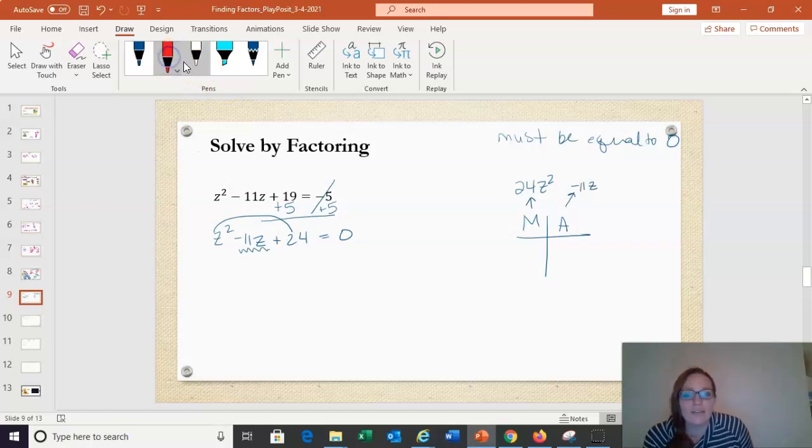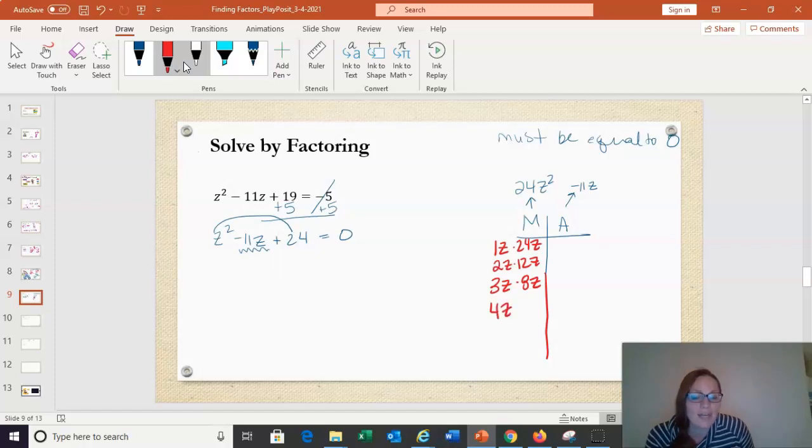So let's start listing out the numbers here under multiply. 2 numbers that give us 24. There's a lot. So maybe 1z and 24z. And then 2z and 12z. And you guys can definitely use your calculator to help you with this if you need to. 3z and 8z. What else? 4 works.